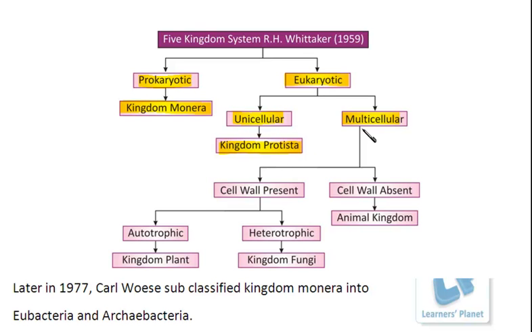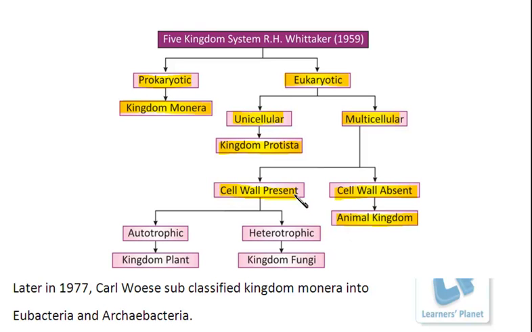Further, all multicellular organisms were classified on the basis of the presence and the absence of the cell wall. Not only this, they were subclassified on the basis of their body organization later. So if the cell wall is absent, then all these organisms were placed in the kingdom Animalia. Fine.